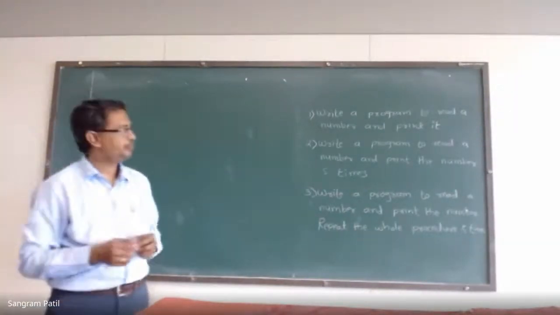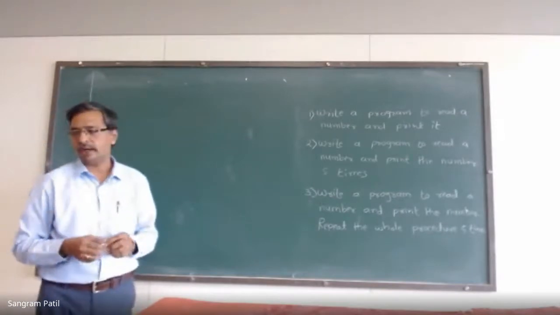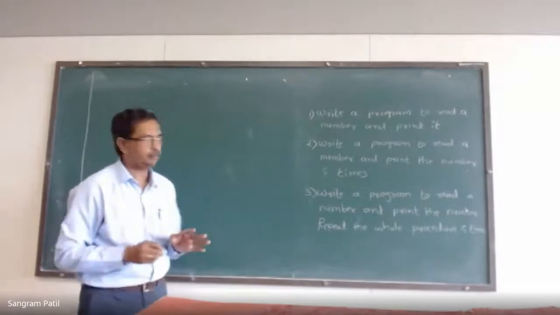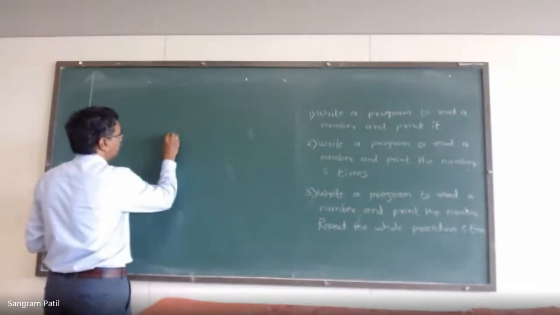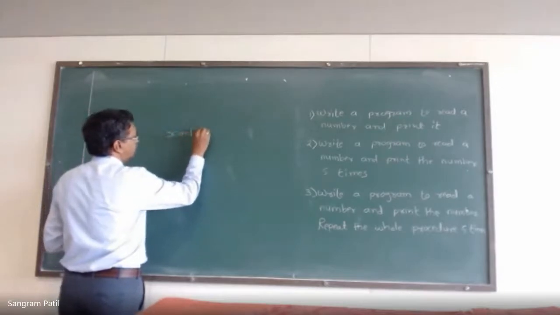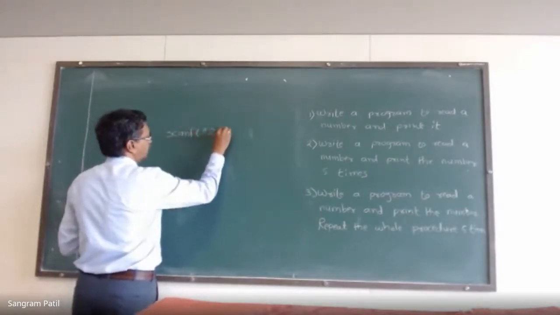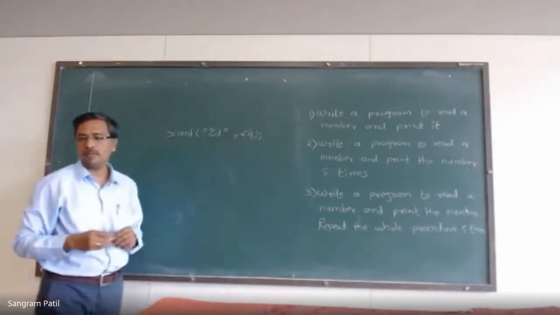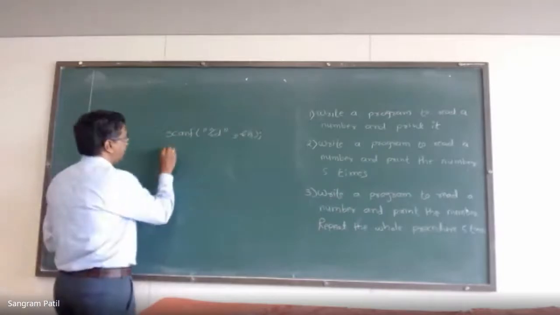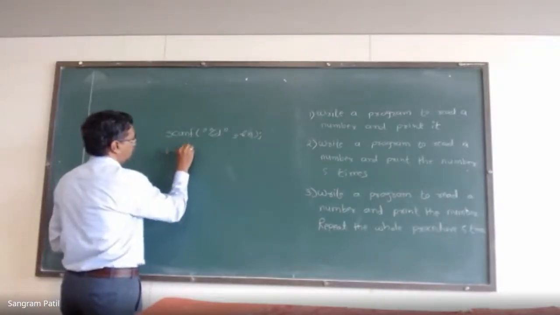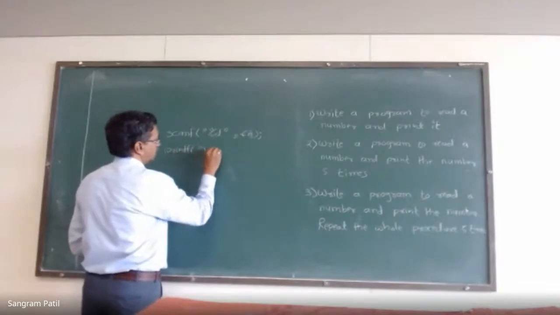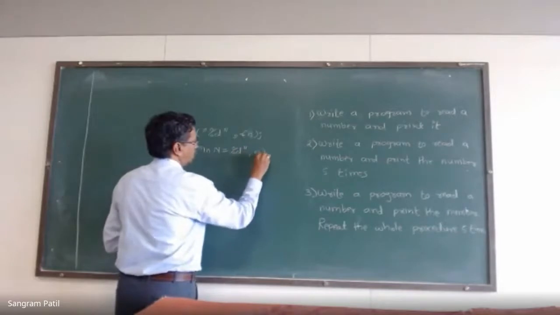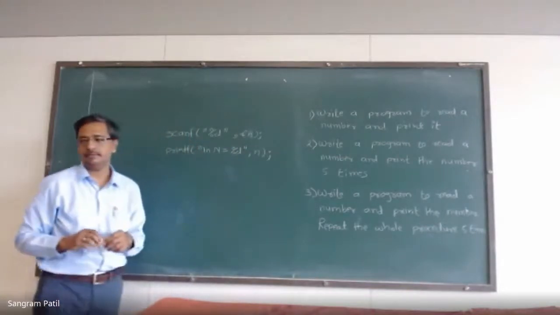We will start now. The first part is, write a program to read any number and print the number. Simple. To read the number, we take help of the scanf statement. scanf("%d", &n). To print the number, printf("n is equal to %d", n).